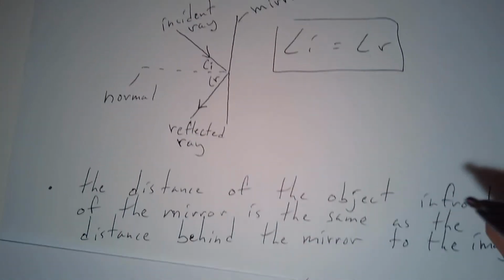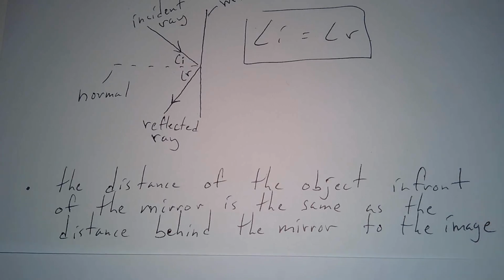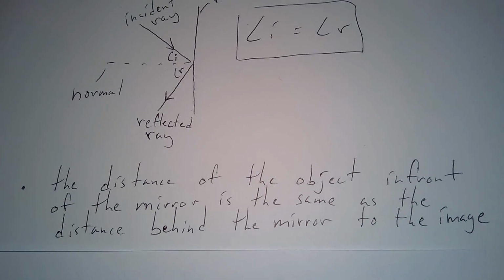Another characteristic of a plane mirror is that the distance of the object in front of the mirror is the same as the distance behind the mirror to the image. For example, if you're standing in front of a mirror, you're the object, and when you look at the mirror, you see an image of yourself. What you see in the mirror is called the image.